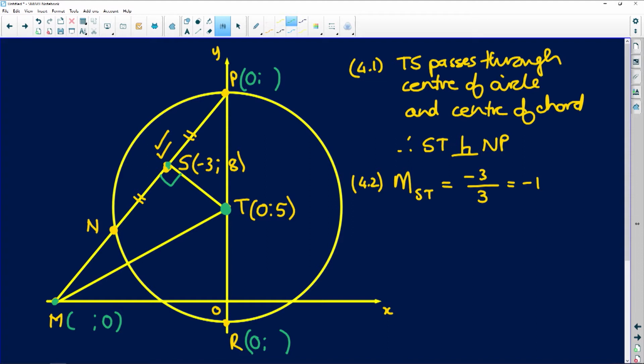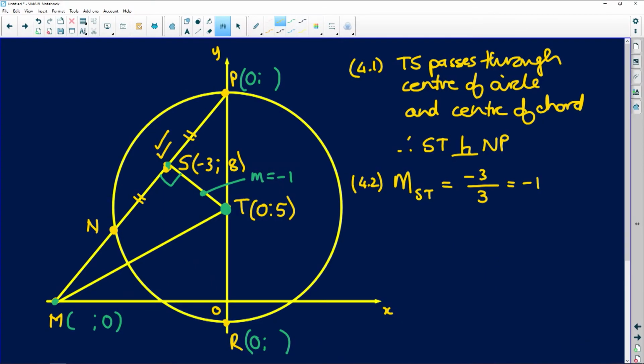Now remember, that goes straight. That gradient there is negative 1. Now what do we know? We know the radius is perpendicular to the tangent at the point of tangency. So now we have the gradient of PM. Let's continue. Therefore, the gradient of PM is indeed 1.